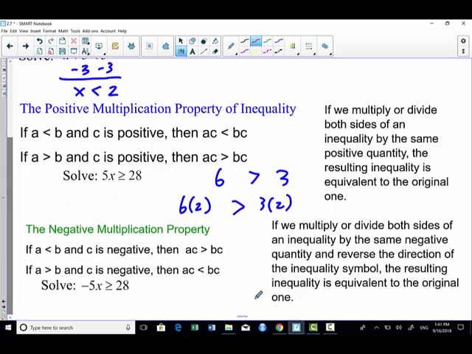But if you divide or multiply by a negative number on both sides, say negative 2, this time you have negative 12 on the left hand side. The right hand side is negative 6, and you know negative 12 is less than negative 6. So you gotta switch symbol in order to get true statement when you multiply a negative number on both sides.